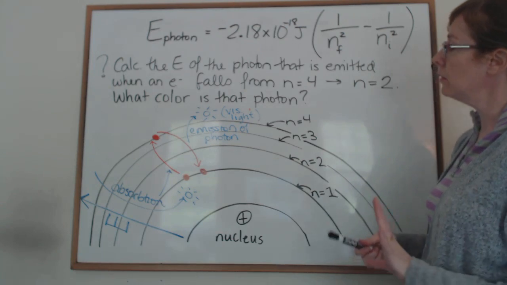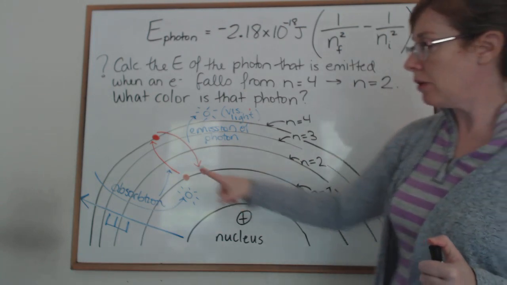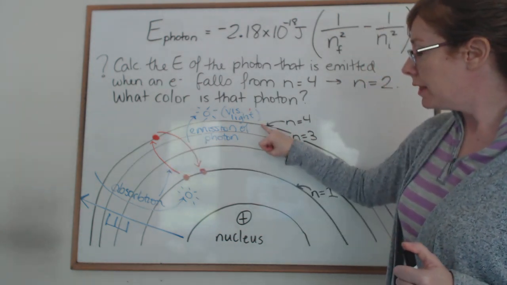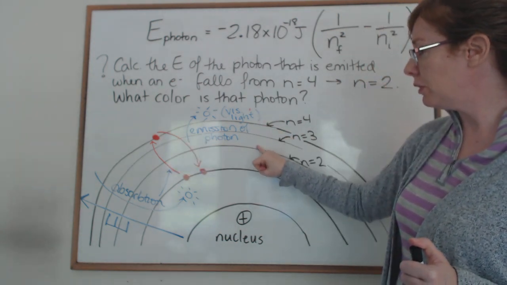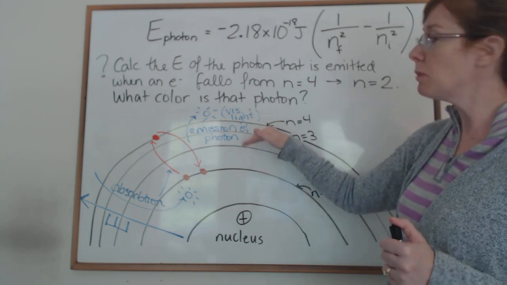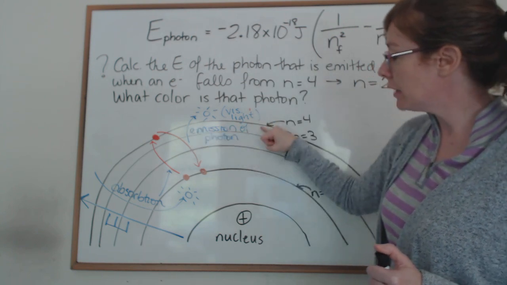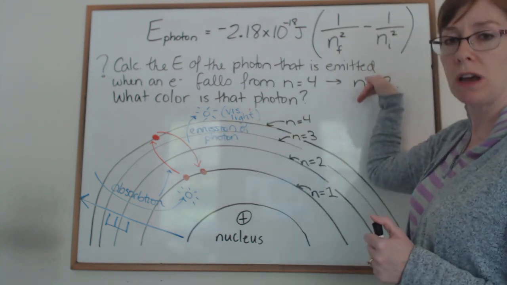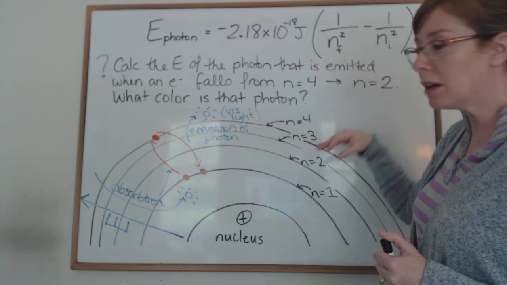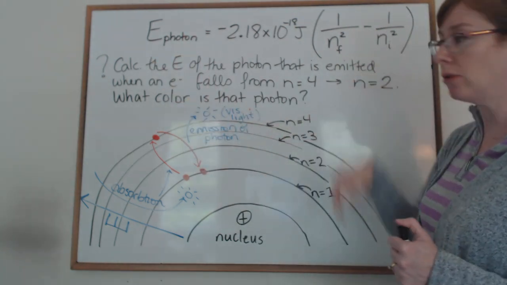All right, so we have an electron falling from 4 to 2. So in the picture, this is a fall, so 4 to 2. You're losing energy. The electron is going to lose energy. So that's why I said the photon is emitted. Anytime the electron goes from high to low, you're going to have that photon come out. The photon comes in when you push the electron up, but when the electron falls, the photon comes out.